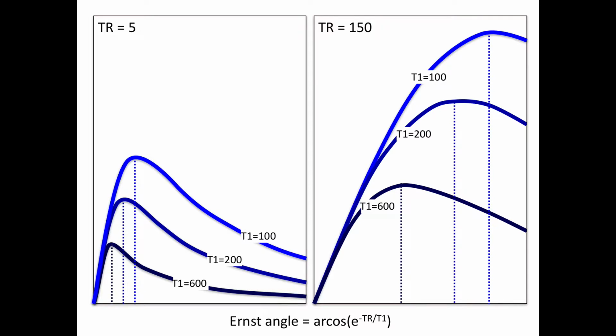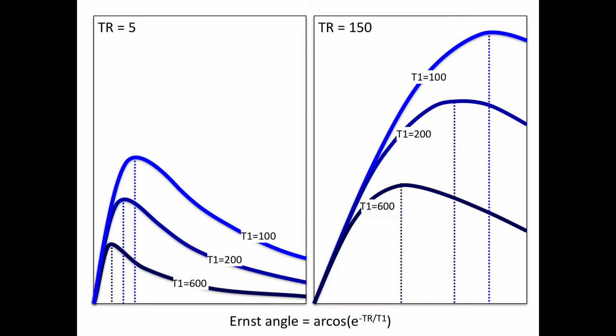That's on your left. What are we seeing on the right? On the right, we're seeing the same thing, okay? That every tissue will have its own curve. As the T1 goes down from 600 to 200 to 100, the optimal angle gets larger and larger, and the peak signal intensity gets larger and larger.